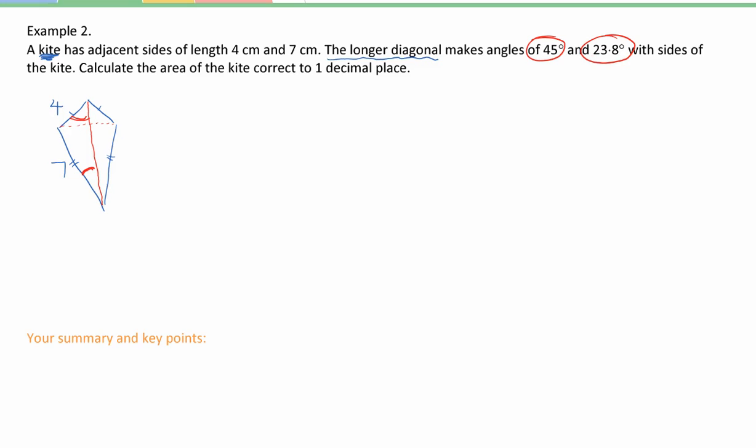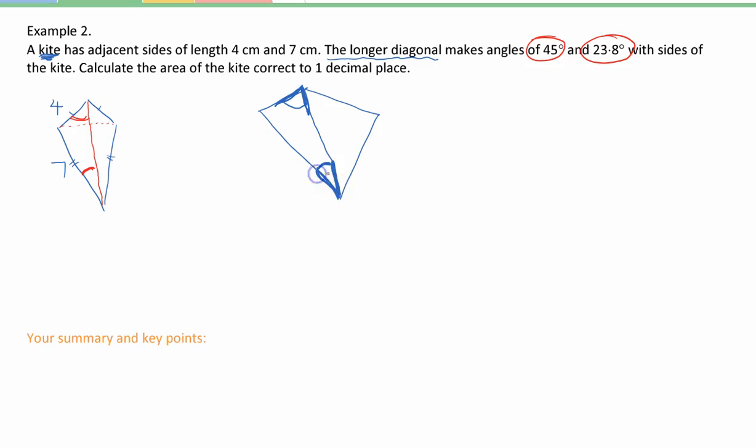And you might play around with a kite a little bit. What if the kite actually did this and it came down very quickly? And here is my longer diagonal. I'm thinking about the size of the angle the diagonal makes with the side. I think we can see that this is going to be a bigger angle than this one.